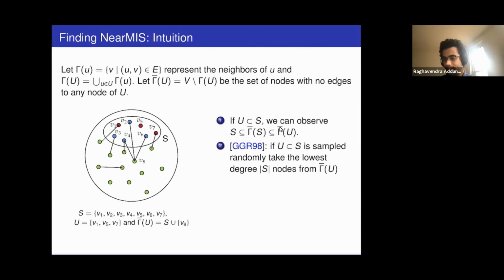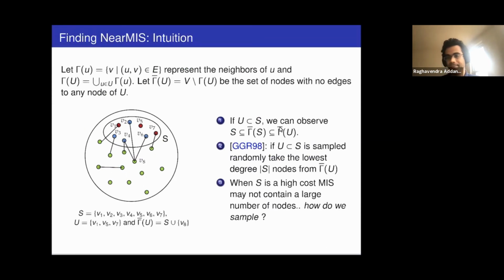But in our setting, every node has a different cost associated with it. And sampling over here is non-trivial. And it is especially challenging if S is a high cost MIS. And if it doesn't contain a large number of nodes, then we would have to sample a lot of nodes to even hit one of the nodes in this S. So that would make our running time exponential and it would defeat the purpose.